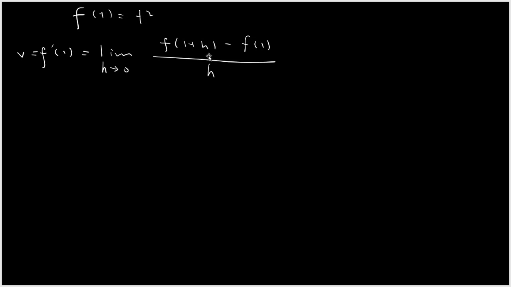On the denominator you have the time elapsed, on the numerator you have the distance traveled, and the whole quotient is the average velocity over the time interval from 1 second to 1 plus h seconds. Then you take the limit as the time interval gets shorter and shorter. You have the instantaneous velocity. Okay, so that's how you memorize this. We're going to compute this.